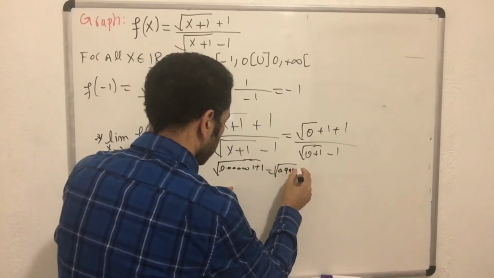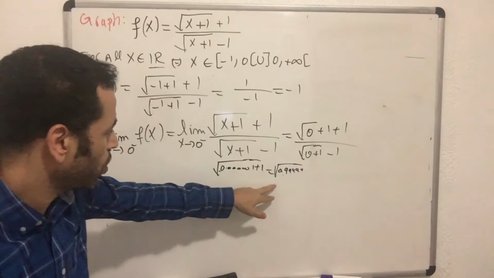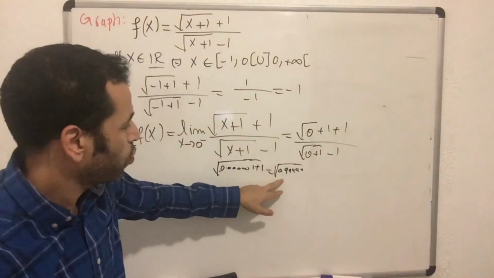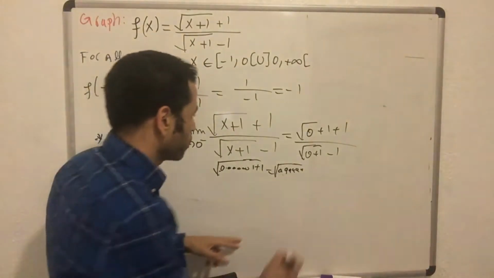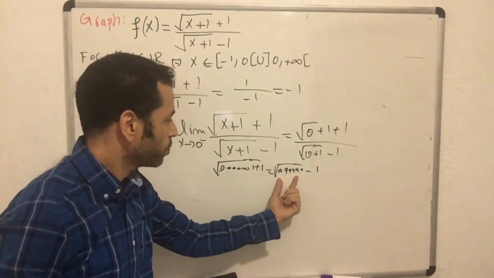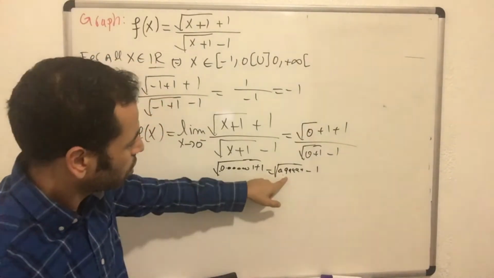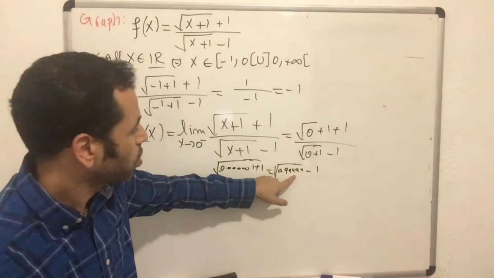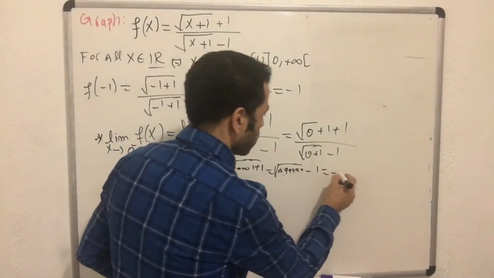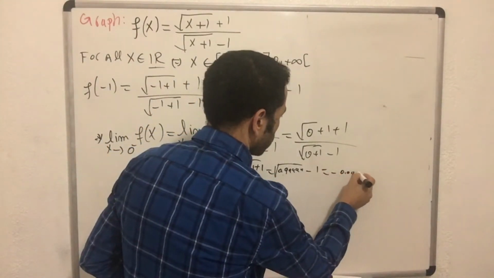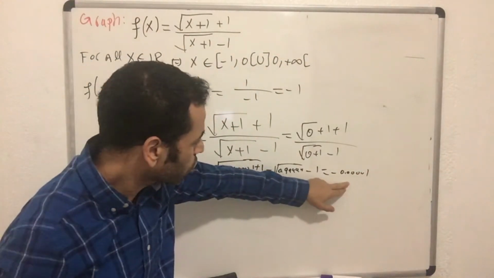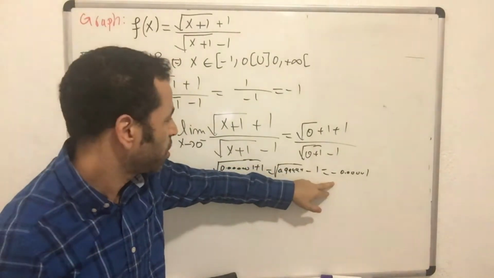This is the way this number is written. So the square root of this one, 0.999, minus 1, will be smaller than 1, because it is not 1 yet. So that means this number, 0.999 minus 1, is minus 0.00001.